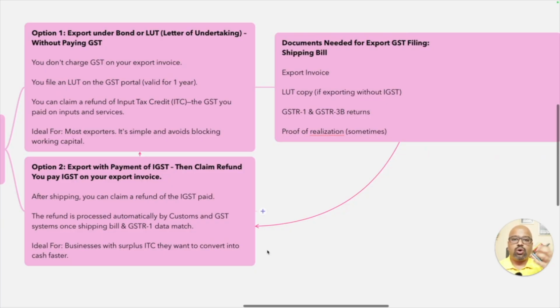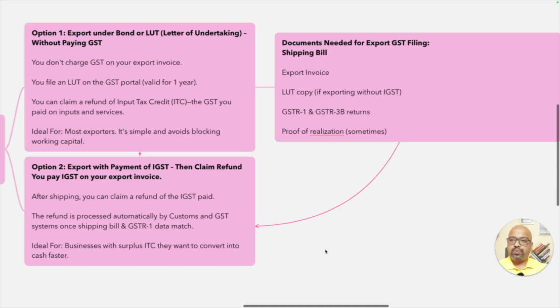You can take all of those inputs and claim them. You will get a refund, and all the purchases will come into your credit account. Later, whenever you make a sale, you can use that money to adjust and close it off. So this is how your whole business is operated.